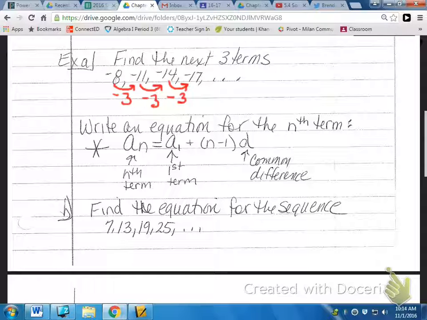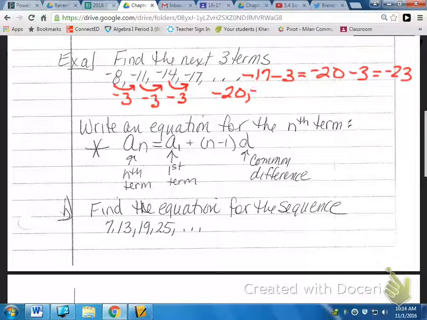So you have to find the next 3 terms. You'd start with -17 minus 3. That would put me at -20. So the first of my 3 terms is -20. Then I take -20 minus 3, and that would put me at -23.